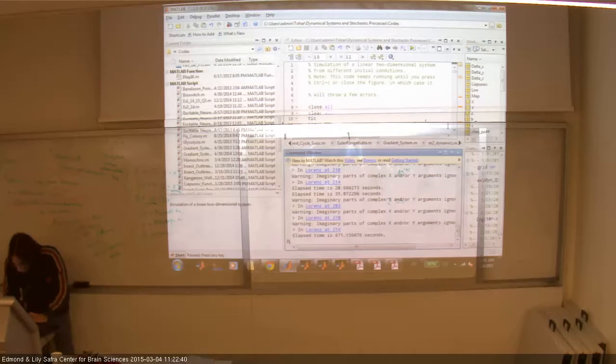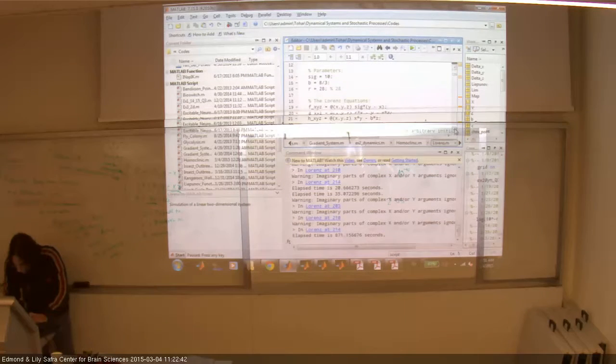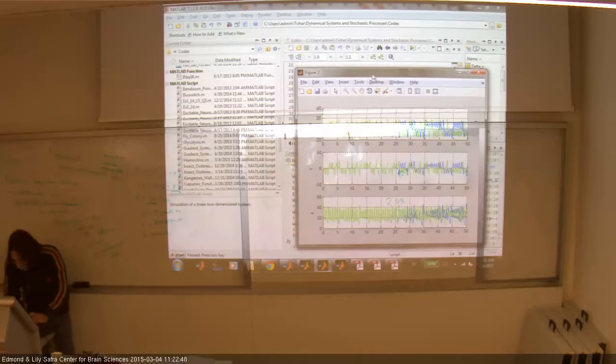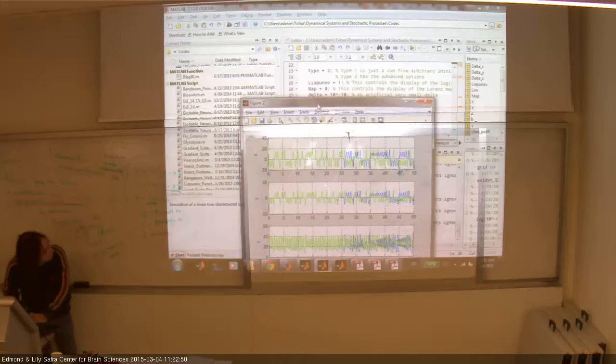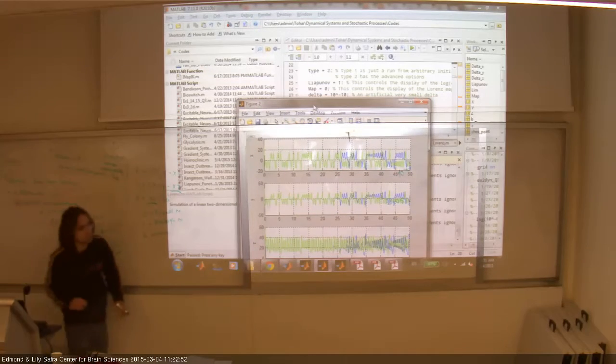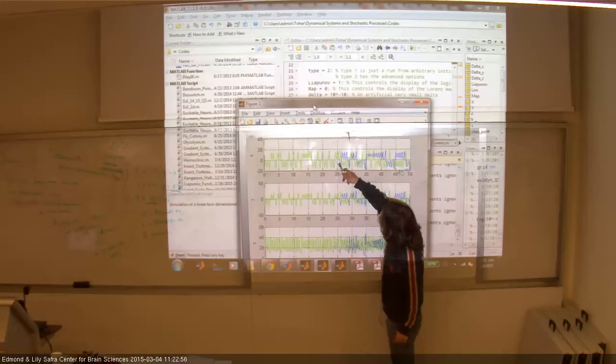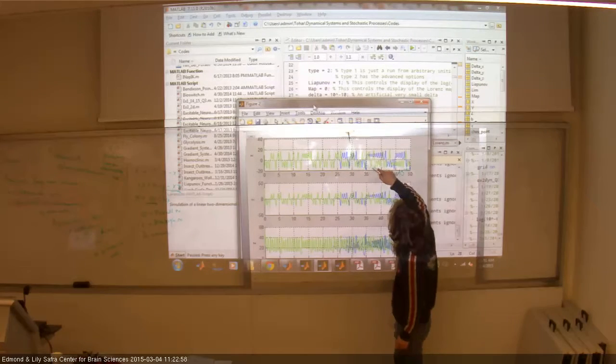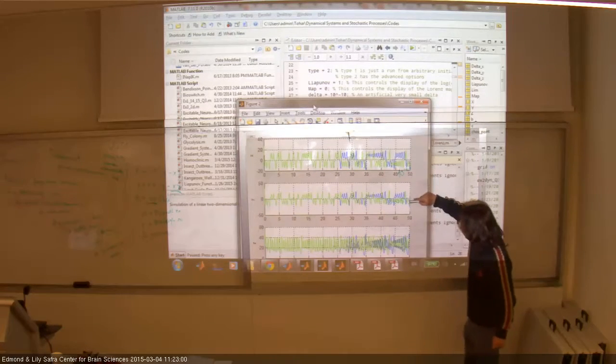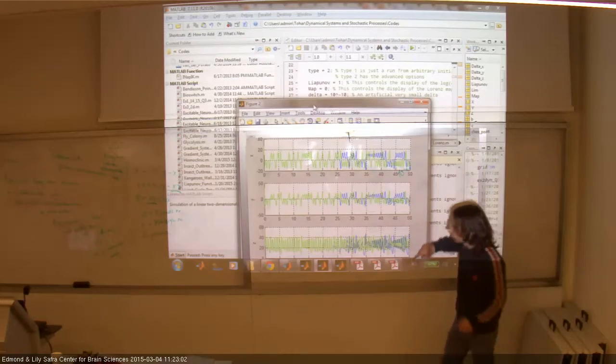I think it's 10 to the minus 10. Let's see. Delta, yes, 10 to the minus 10. Okay, so you can see that initially the trajectories overlap, but then they start diverging and they start behaving very differently. Okay?